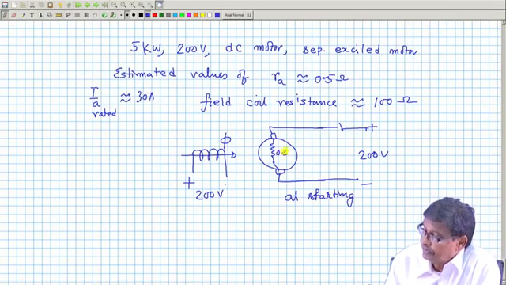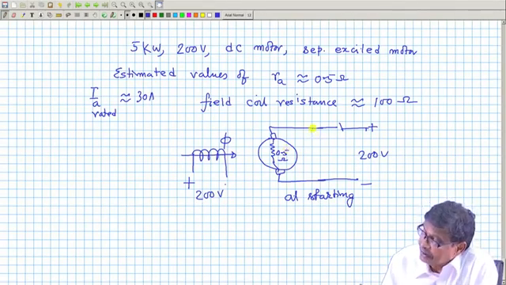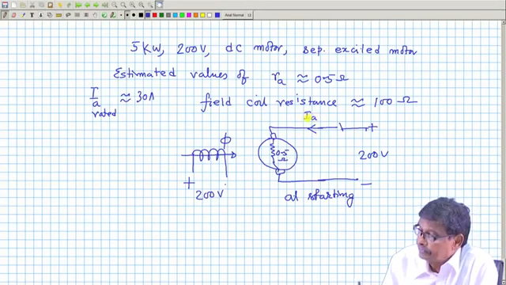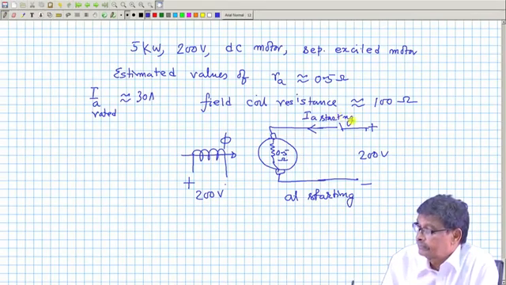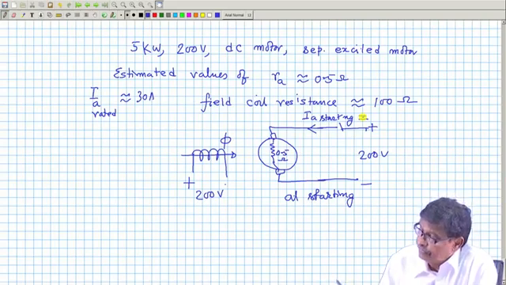The current drawn, IA starting, will be 400 ampere.